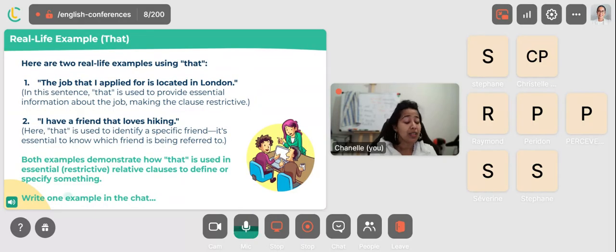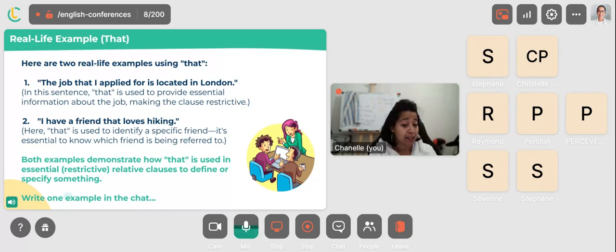So here are 2 real-life examples using that. The job that I applied for is located in London. In the sentence, that is used to provide essential information about the job, making the clause restrictive.